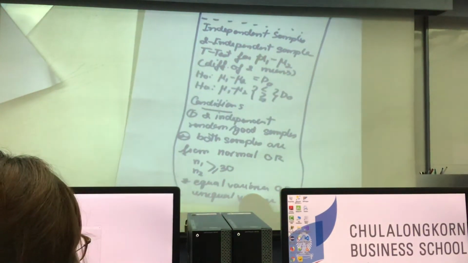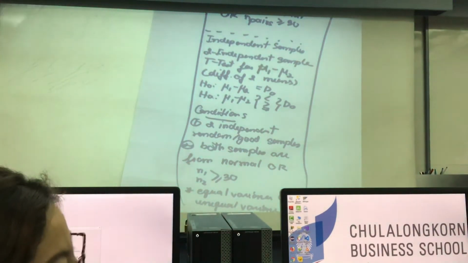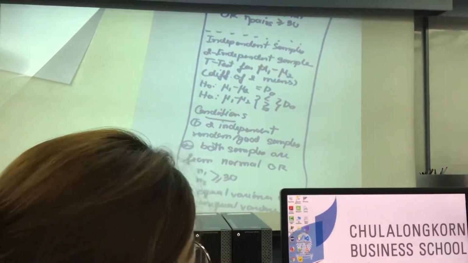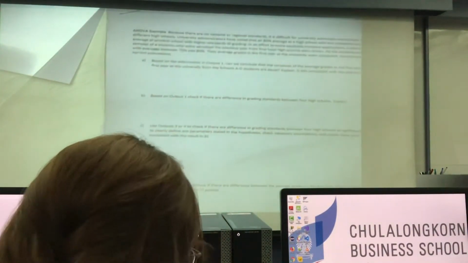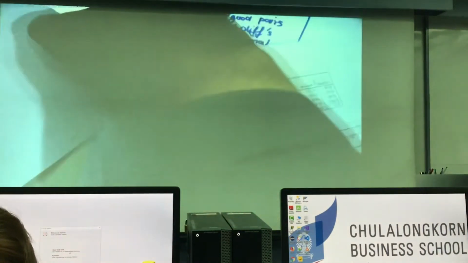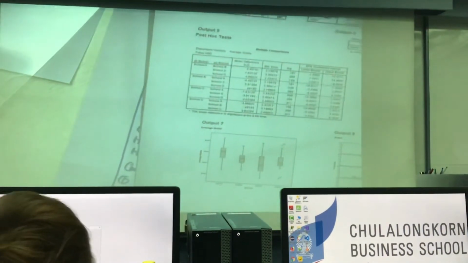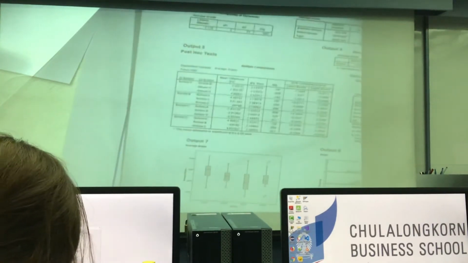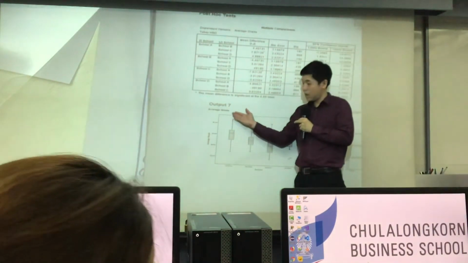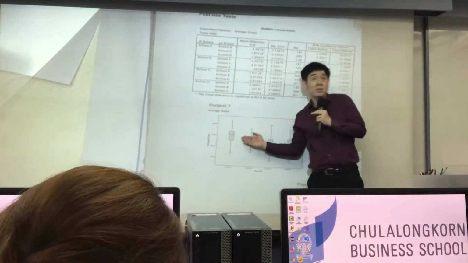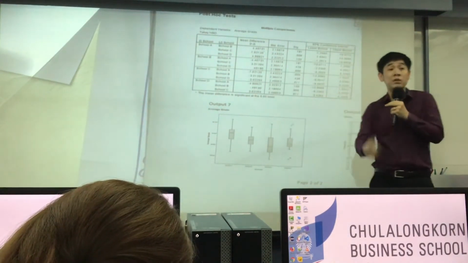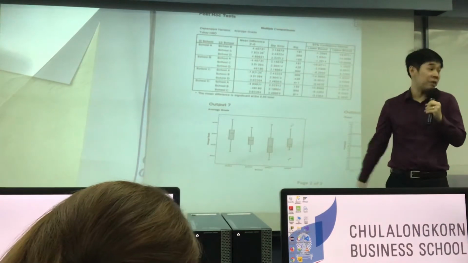Let's wrap up the material before we go through the software. Last time we were talking about this example with many outputs: the scores of students in the first year, from student A, student B, student C, student D. They want to see if the mean scores of the 4 schools show any difference.